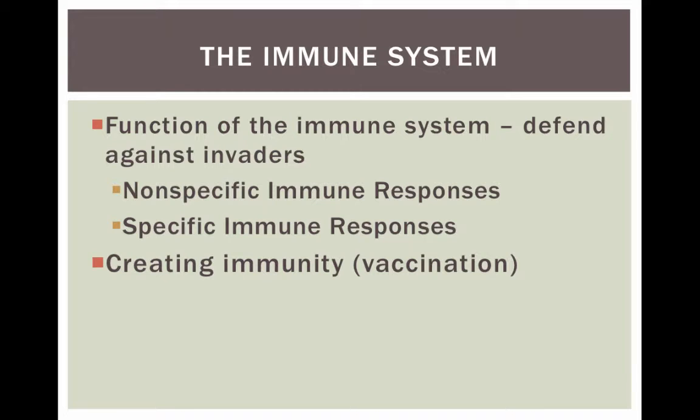When you get a vaccine, it exposes your body to a weakened or deadened form of a virus, and it gives your body the opportunity to build up this immunity to that virus or whatever disease you are being inoculated for. So when my body has the vaccine, it gets the opportunity to build up this specific immunity and then fight off the disease.